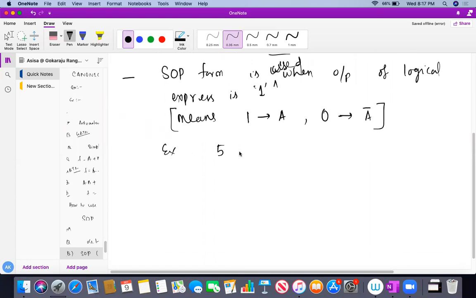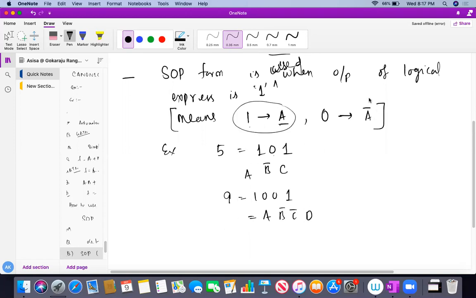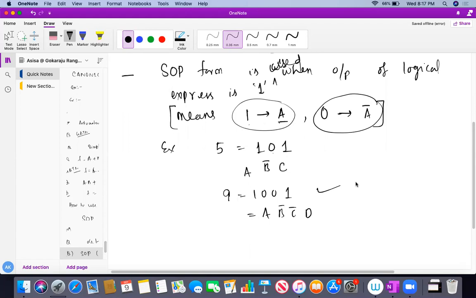Let's say 5 is 101. 1 means it is in the true form, and 0 means complement form, so I can write this as A, B bar and C. Similarly, 9 means 1001, so the min term is A, B bar, C bar, D. So 1 means uncomplemented, 0 means complemented form. This is the way I can represent any decimal number in terms of min terms. SOP form will be used when the output of the logical expression is 1.